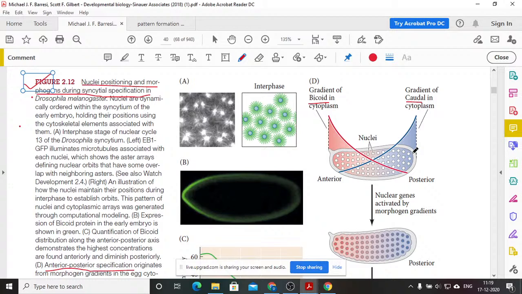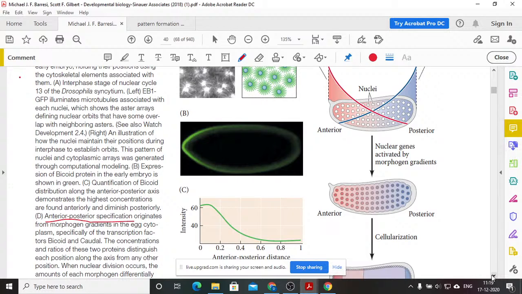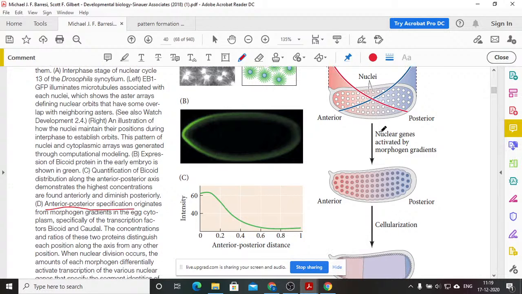Since there is a gradient, cells in between are intermediate. As you go from anterior to posterior, the concentration of bicoid is more here and the concentration of caudal is less. The same happens over here. The different concentrations of this gradient define certain nuclear genes in these particular cells.